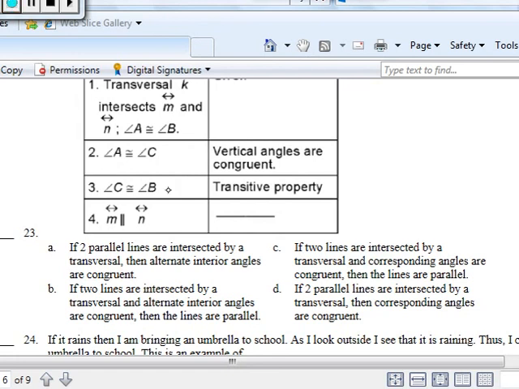We're saying since the corresponding angles are congruent, that implies that the lines are parallel. We're actually using the converse of one of those original theorems, which I believe would actually be C. Is that right? If two lines are intersected by a transversal and corresponding angles are congruent, then the lines are parallel. That's the justification. We're proving that they're parallel because corresponding angles are congruent.